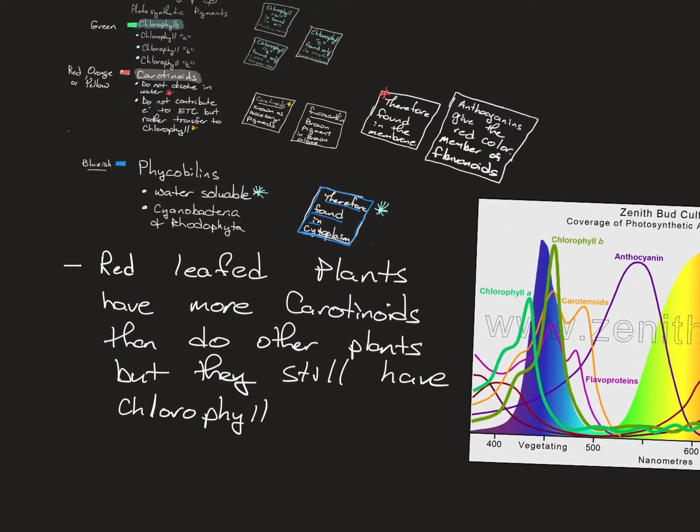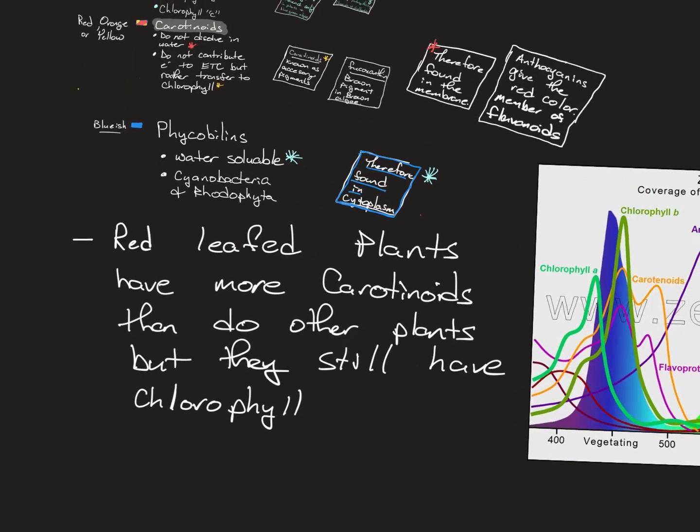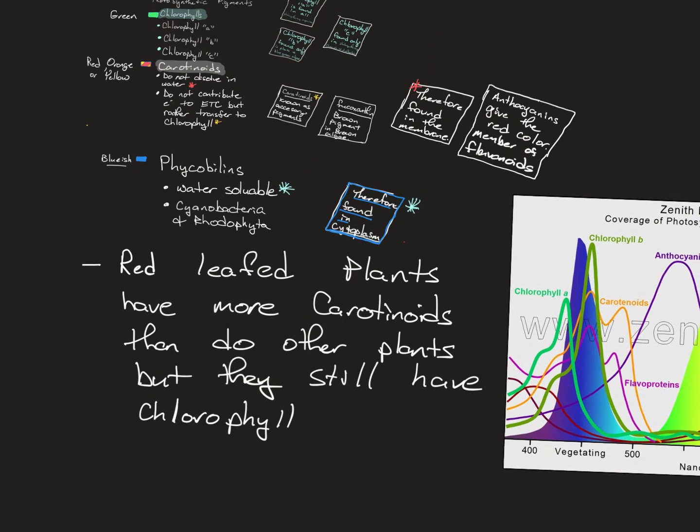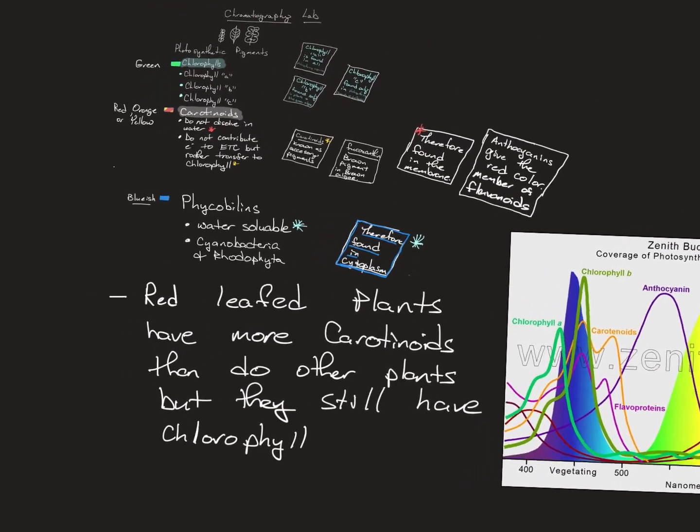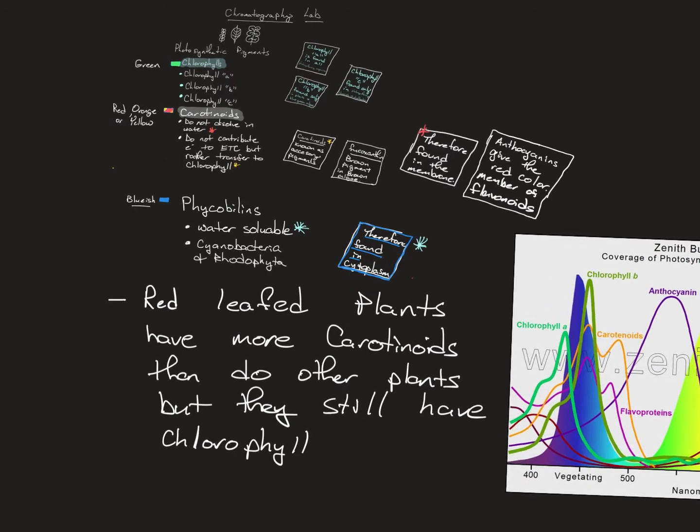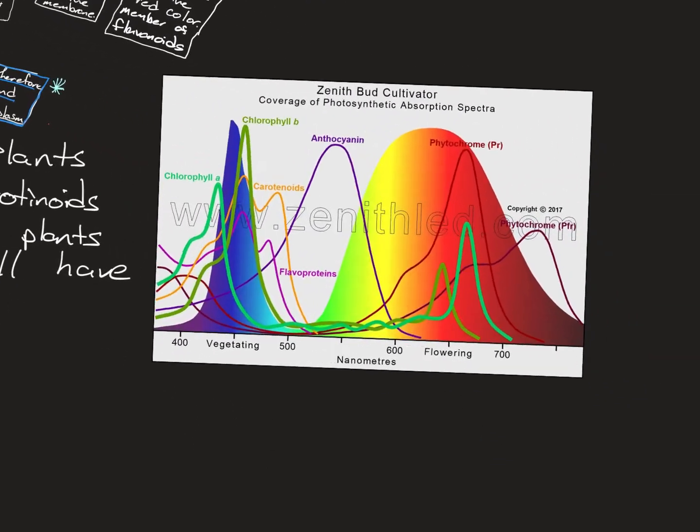Now, red leaf plants generally have more carotenoids than do other plants. They still have chlorophyll, but they have more carotenoids. It's kind of a big contention on what kind of an evolutionary advantage they would have to being red versus green as a leaf.